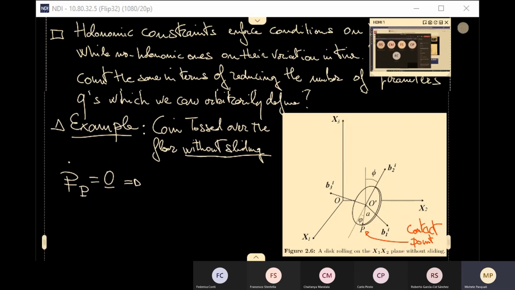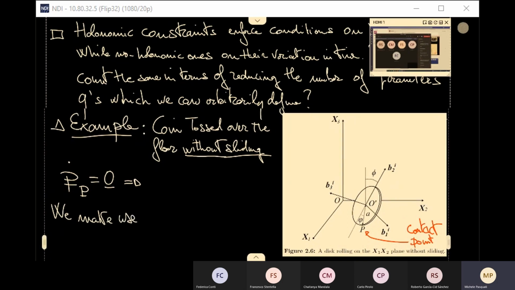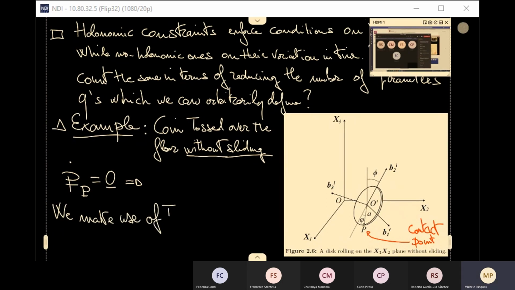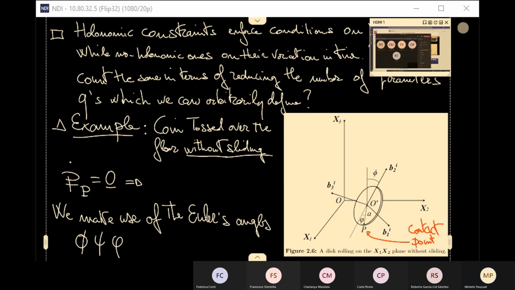So we make use of the Euler's angles phi, psi, and theta about B1, B2, and B3.